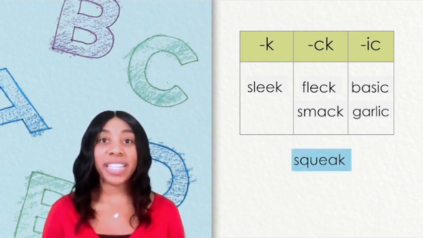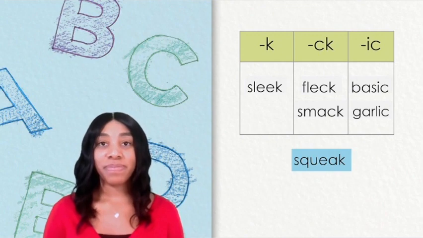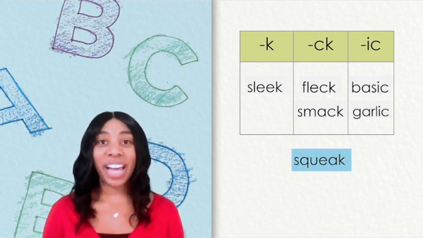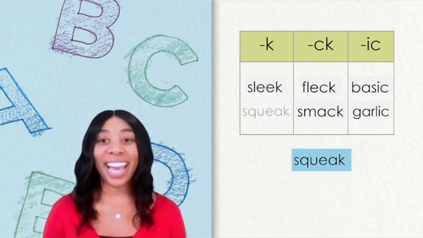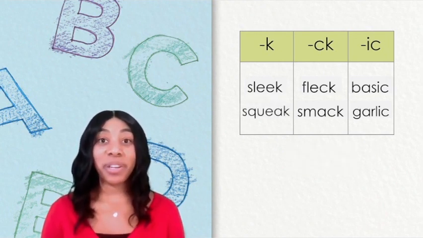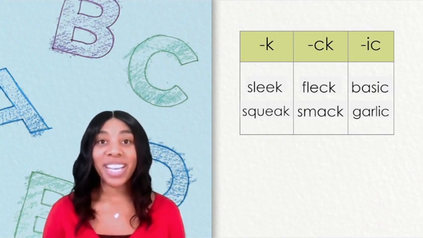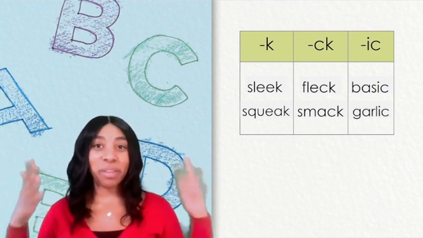How do you pronounce this word? Squeak. Which column does the word squeak belong in? We have the k sound at the end again, and it is spelled with just a K. If you got them correct or tried your best, go ahead and show me your celebration hands.